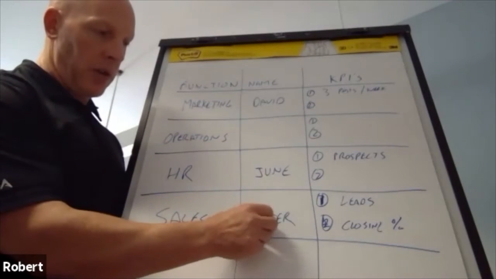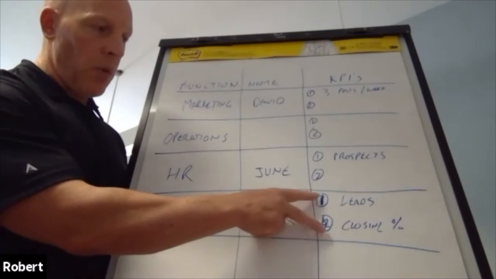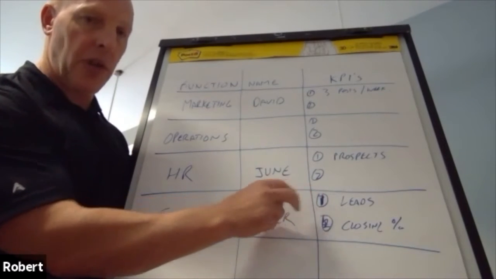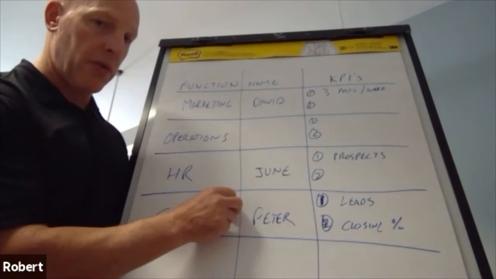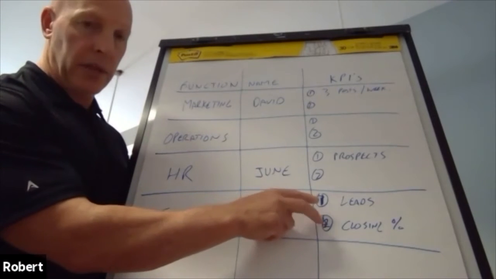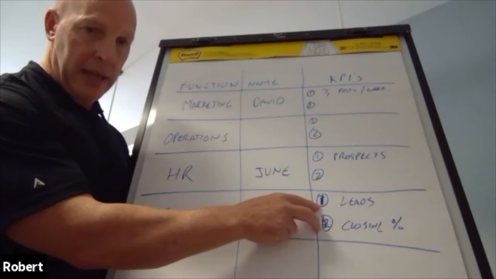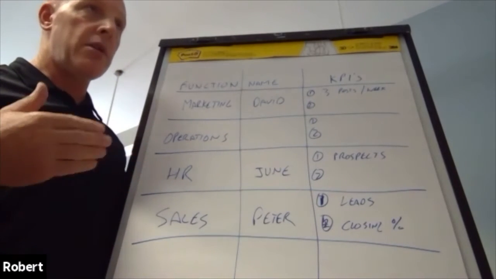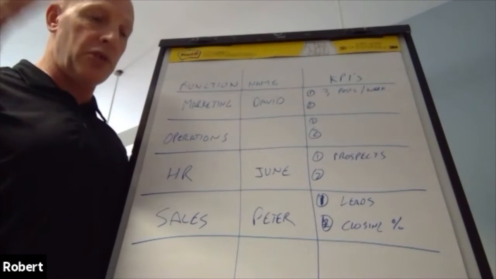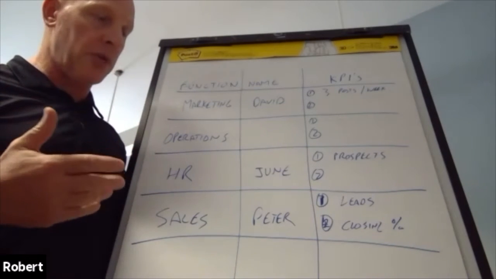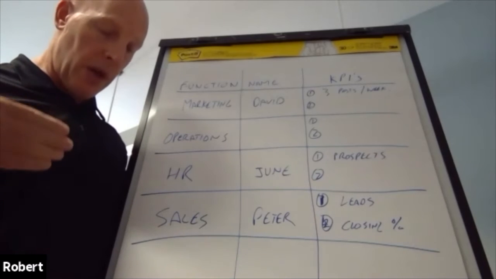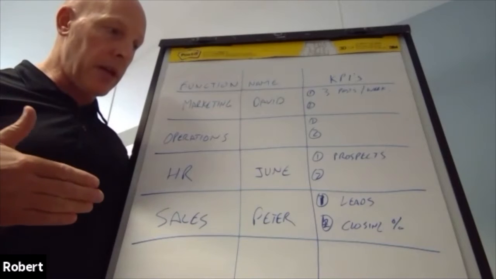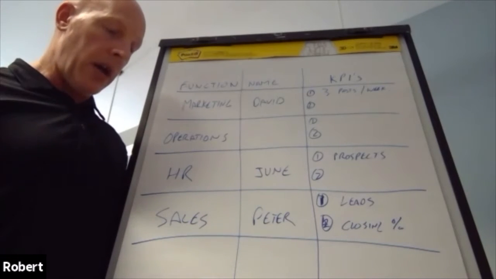Once you've fixed some of the confusion, the next step is: if that person owns this function, what are the 2 or 3 KPIs, the key performance indicators, that I can measure that person on in that role? Ideally, you want at least 1 leading and 1 lagging KPI. A leading KPI might be some type of activity which will lead towards a sale. Say you do a bunch of marketing activity, get lists, and start getting people in the door.